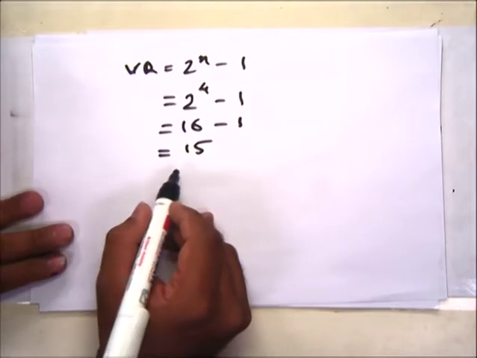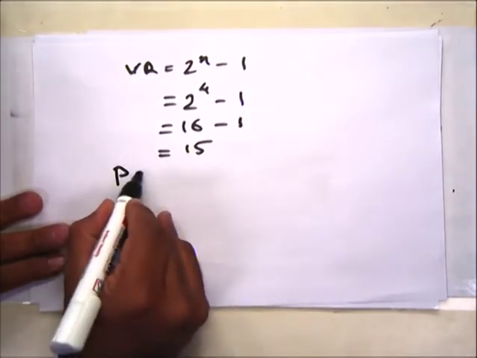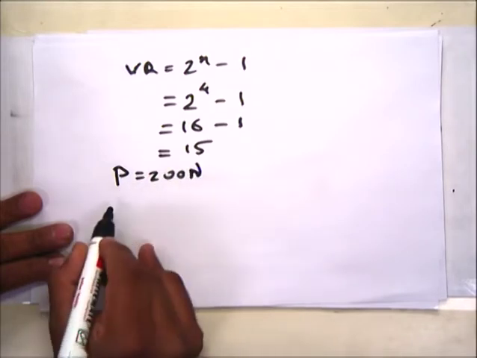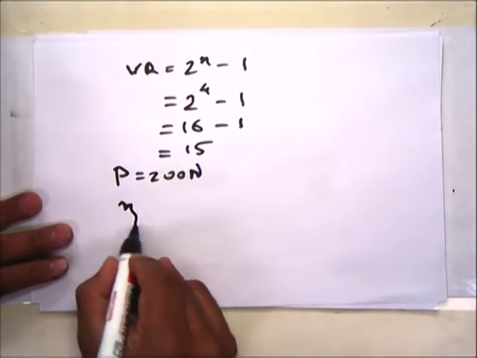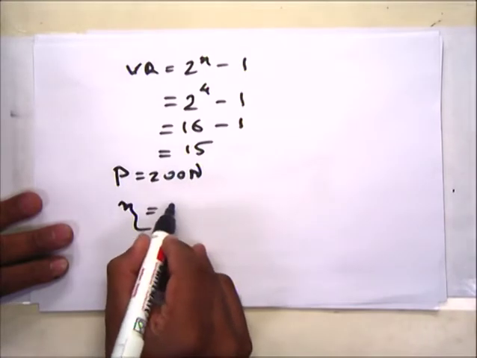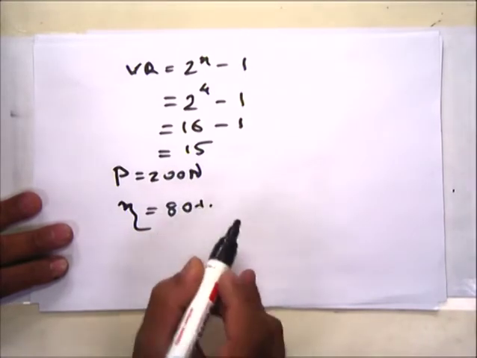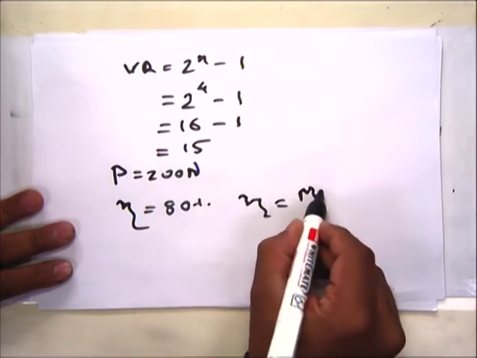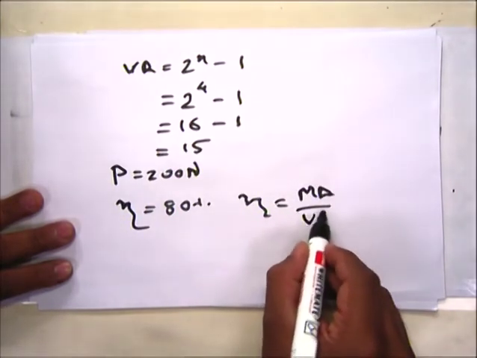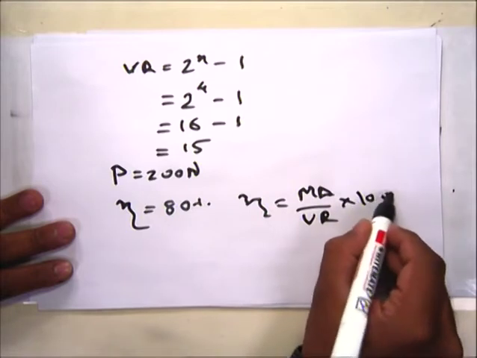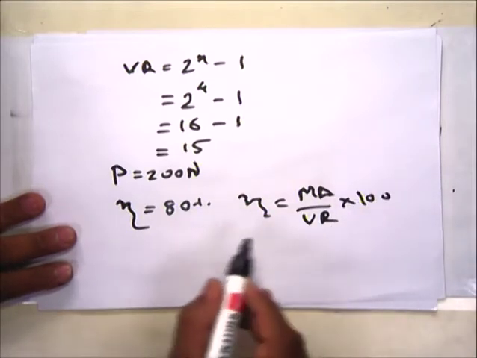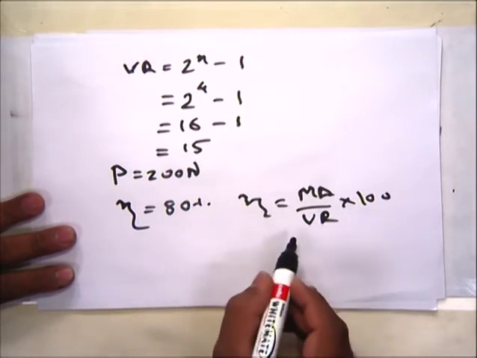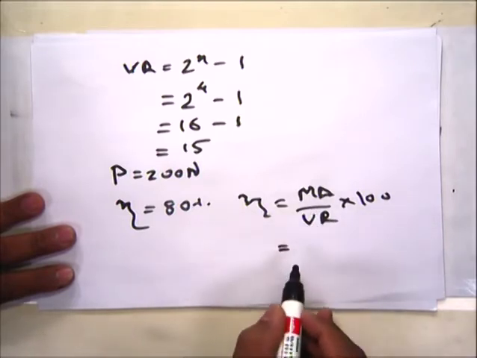Now effort given in the data, that is P is equal to 200 Newton. Efficiency, which is eta, is provided in the data, that is 80%. So we can say that efficiency is nothing but mechanical advantage upon velocity ratio into 100. So putting values of efficiency and velocity ratio in this equation, we can find out mechanical advantage.